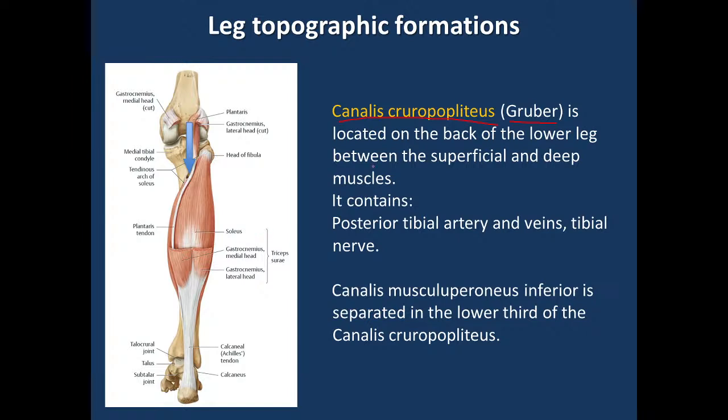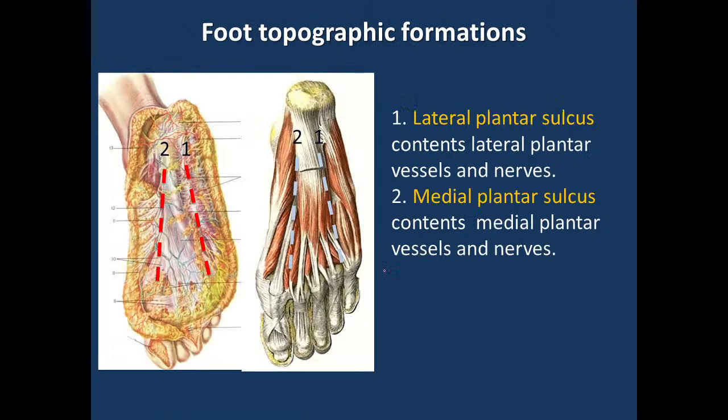So now we call this canal Gruber's canal. And as with other topographic formations, it contains artery and veins and the tibial nerve.